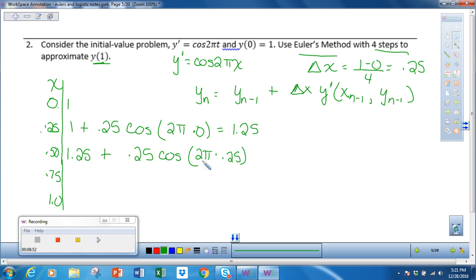Okay, so 2 pi over 4 is the same as pi over 2, and the cosine of pi over 2 is 0. So this whole thing goes to 0, and my answer remains 1.25.